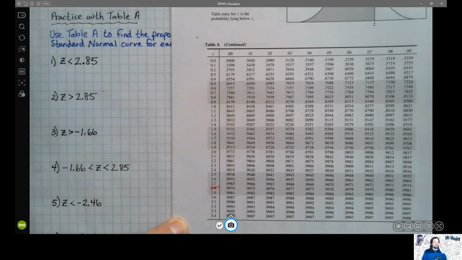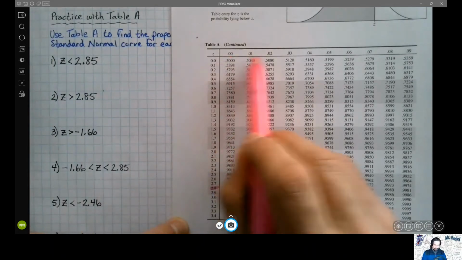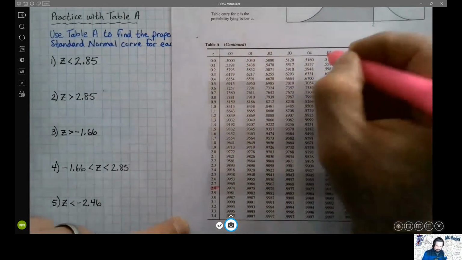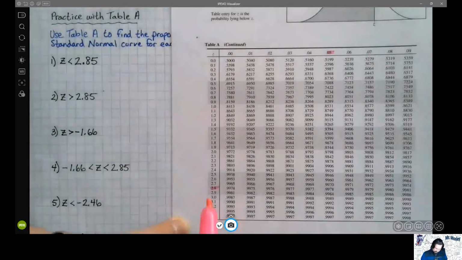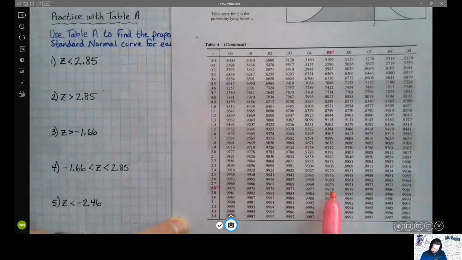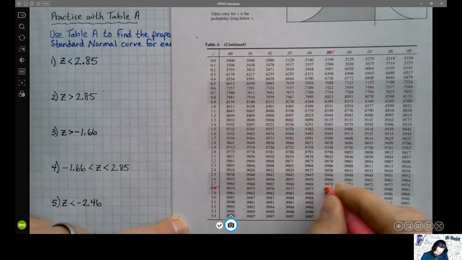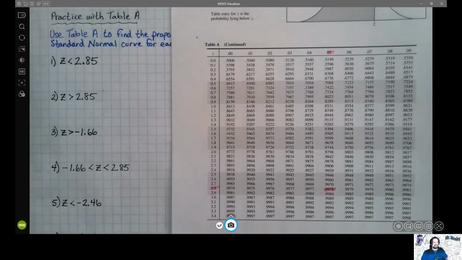Now I need to complete the decimal with 0.05, because 2.8 plus 0.05 is 2.85. So we go 00, 01, 02, 03, 04, 05. That is right there. Now we find the intersection of those two things, which is 0.9978.